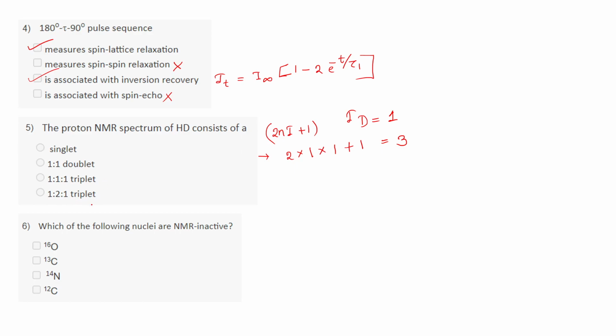Most students will go for 1:2:1 because you have learned that non-equivalent protons split a singlet into a doublet or triplet, as in an AX2 system. But in this case, deuterium is going to split your singlet into a triplet, but all the intensities of those lines will be equal, 1:1:1.